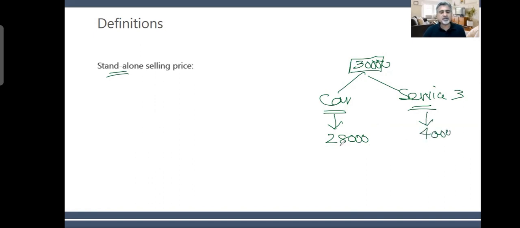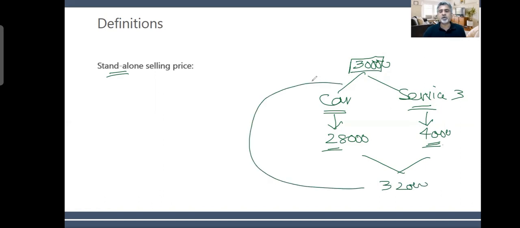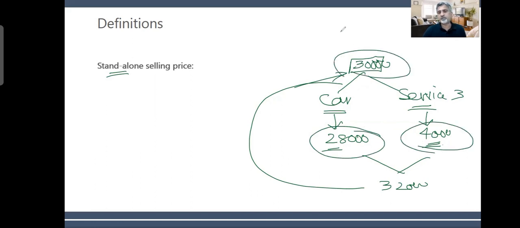So this is called the standalone price for the service. But together you negotiated with the customer, because otherwise it makes 32,000, but you negotiated with the client on $30,000.